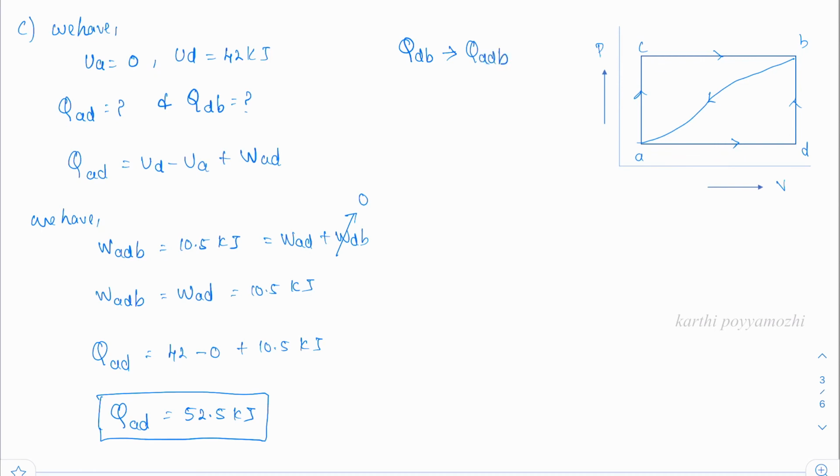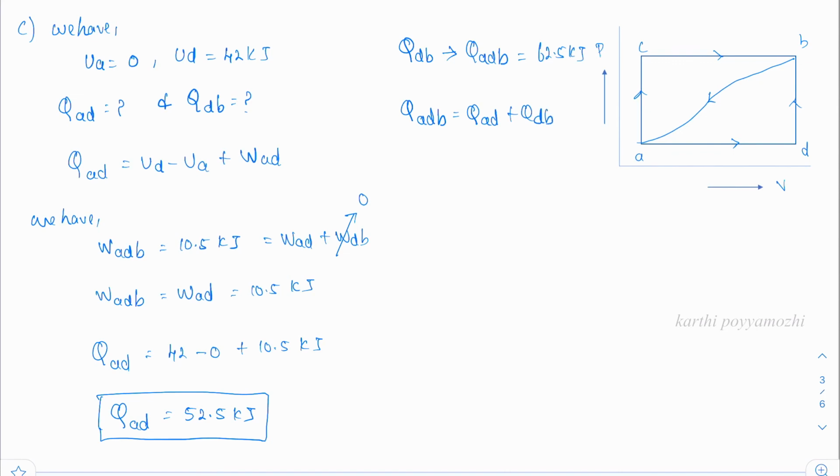We have the value of heat along the path ADB, which is equal to 62.5 kilojoule, and Q of ADB is equal to Q of AD plus Q of DB.